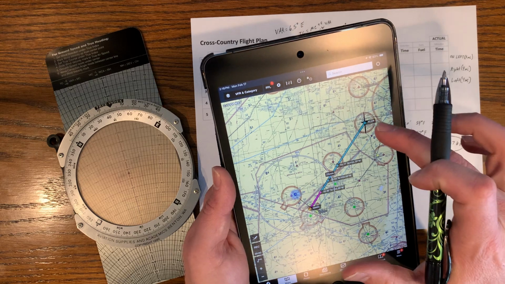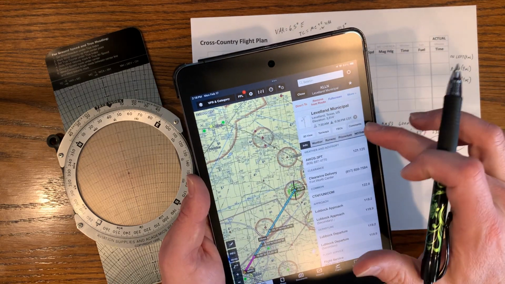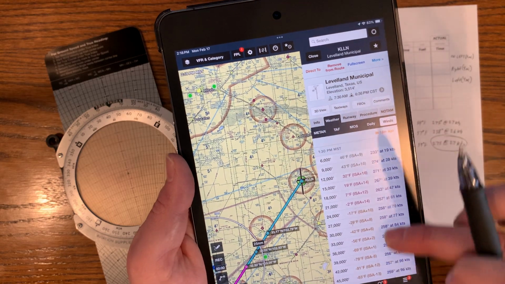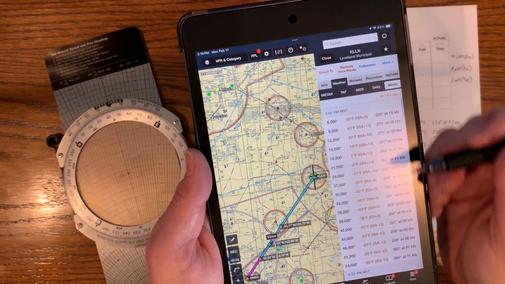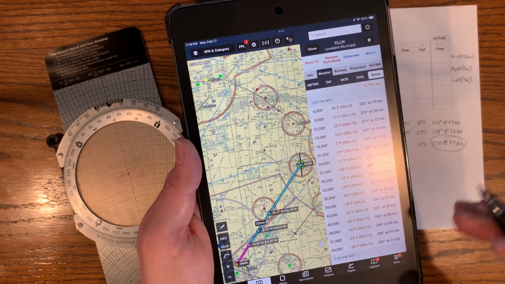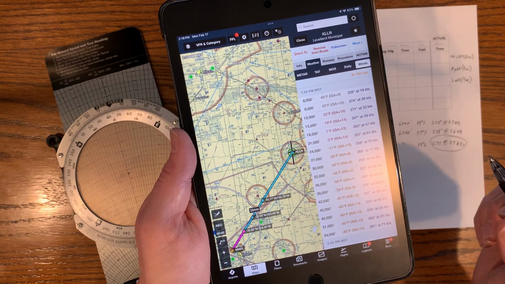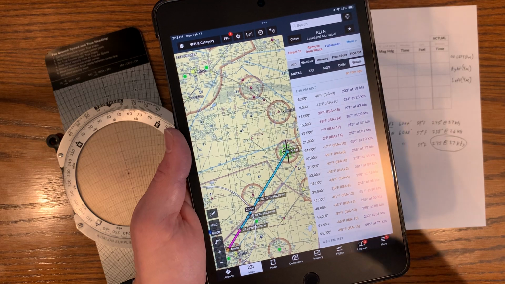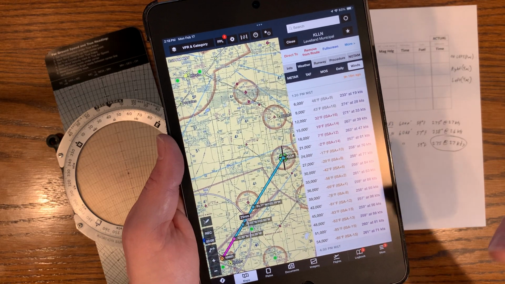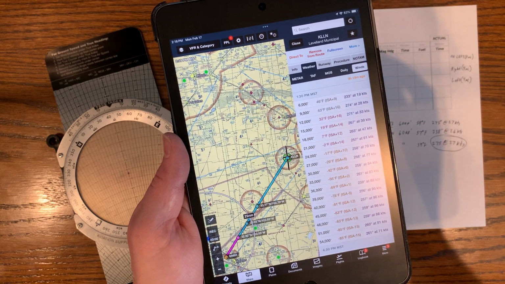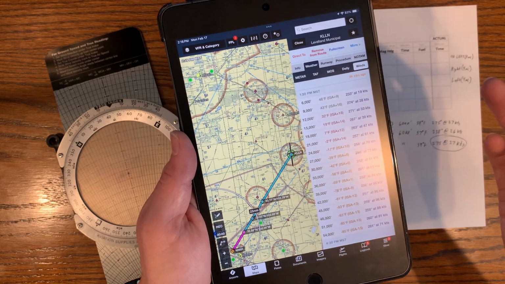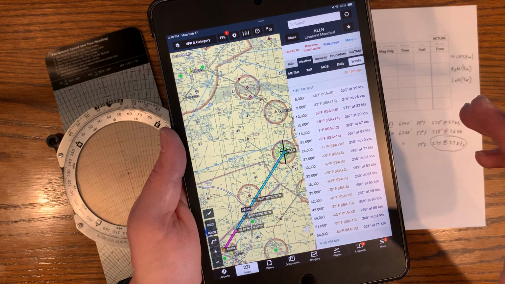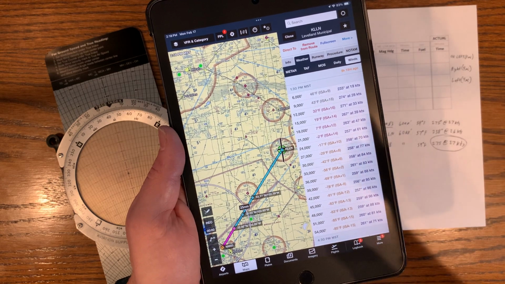Something else here, as we look at winds and temperatures aloft. These are printed. These are written, and the memory aid is, if it is written, it is true. You know, it doesn't hold water very well, but that's the memory aid. If it's written, it's true.